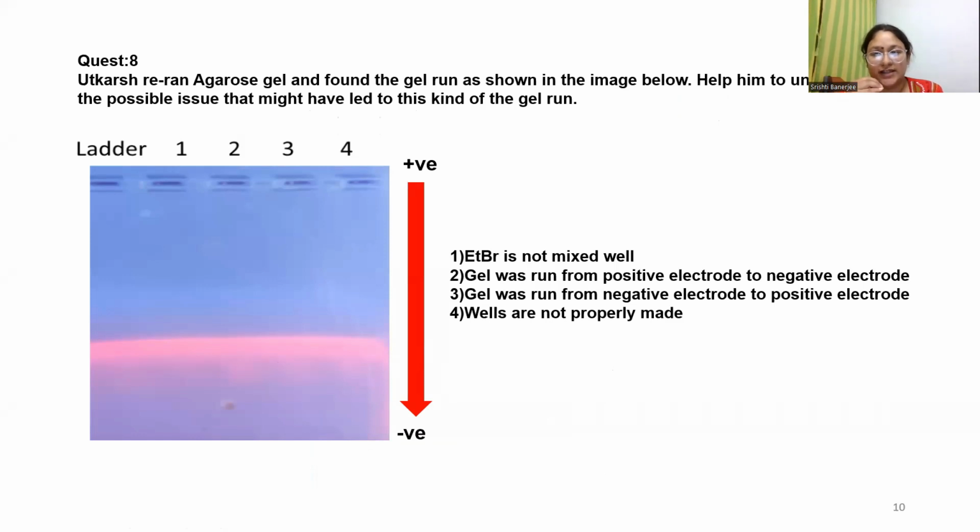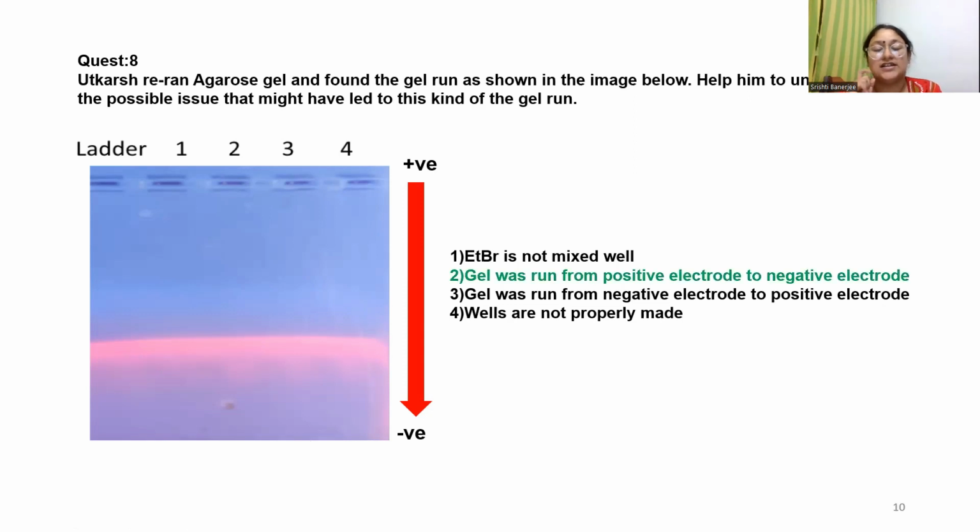If you have mistakenly placed the electrodes in the opposite direction, ETBR will flow from positive to negative and it will form a line here. This is the flow of ions from positive to negative. The DNA is negative and ETBR is positive, so the DNA goes out of the well, but ETBR forms a line in the opposite direction to that of the DNA.